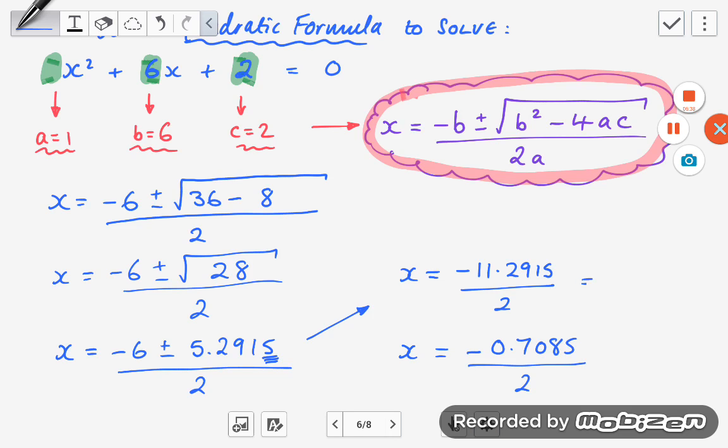So let's now halve these, and these will give me the 2 solutions for x. I've worked these out for you, and as you can see I've rounded each one to 3 significant figures. And there you have it. They're my 2 solutions using the quadratic formula.